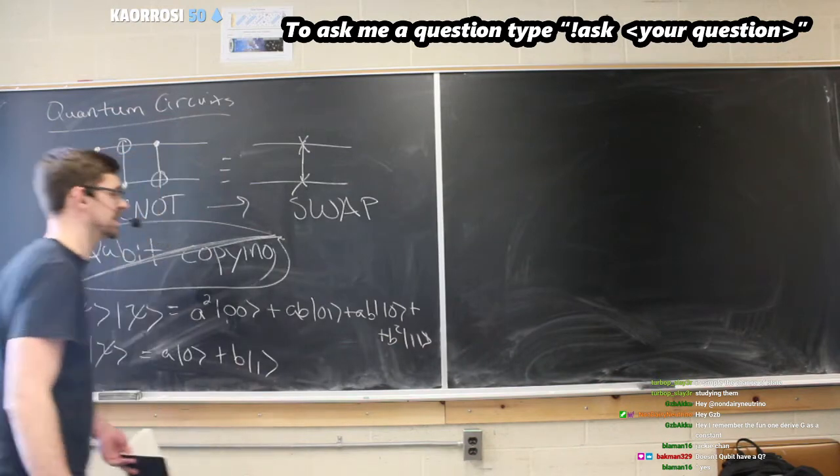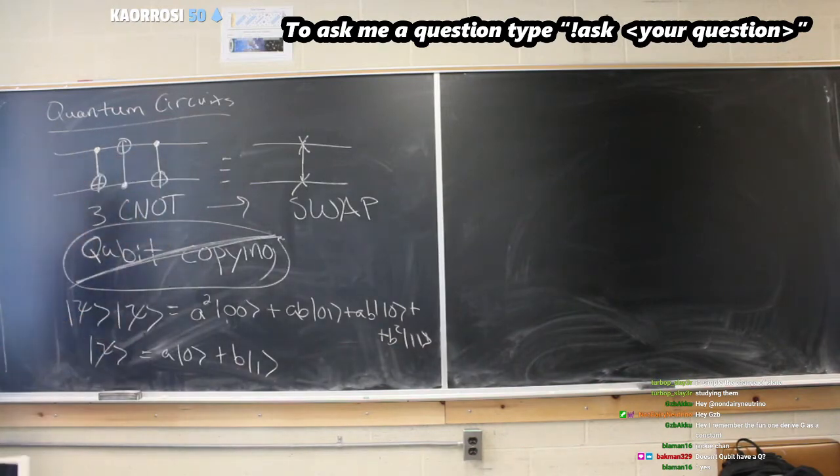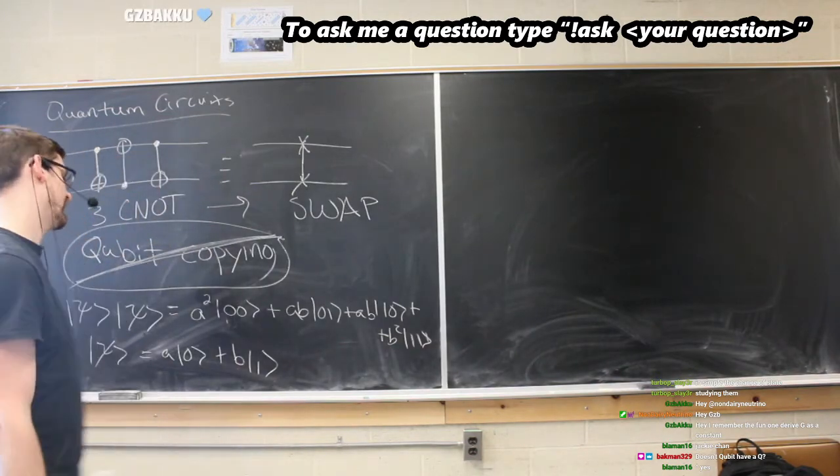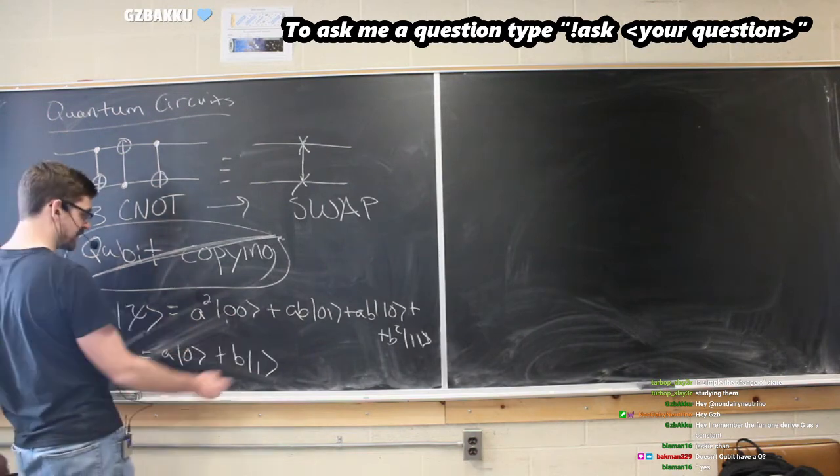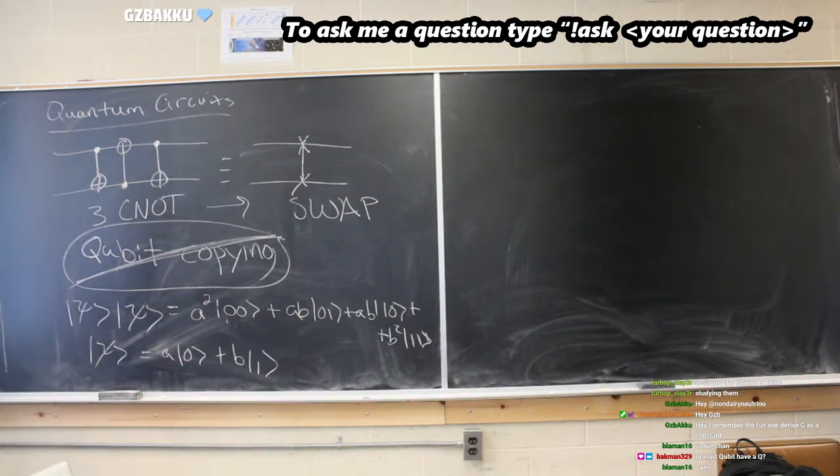And then we found out that the only way this works is if a or b is equal to 0. And this is obviously not true, so we couldn't copy our information.